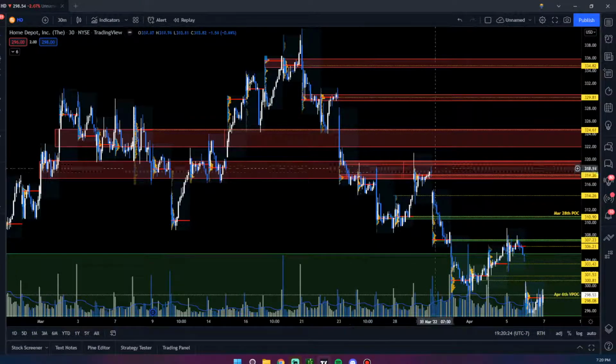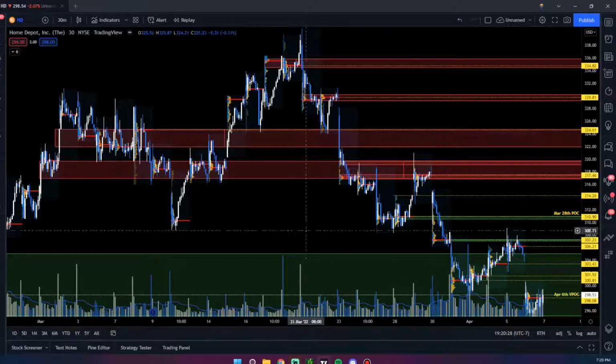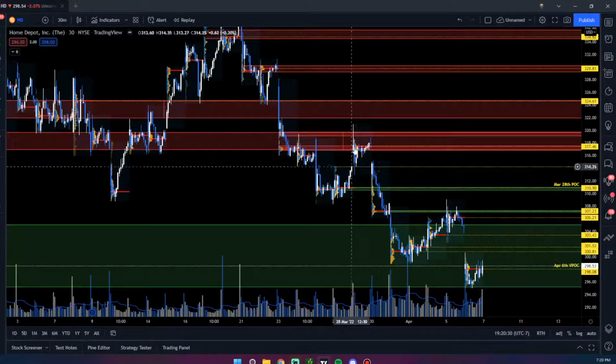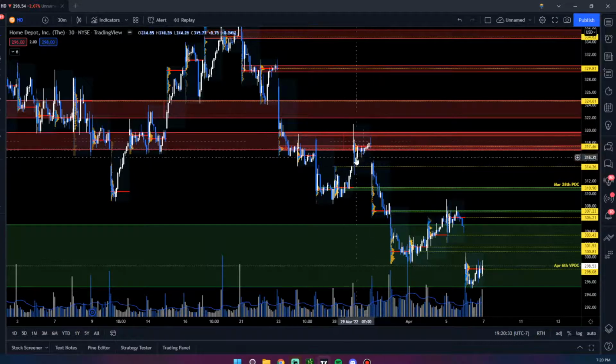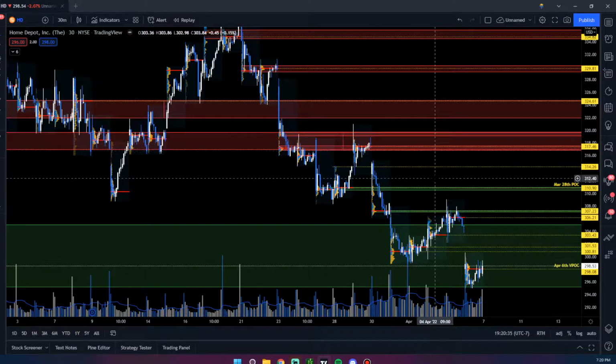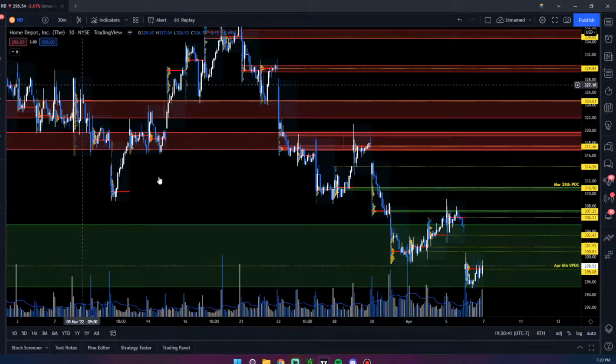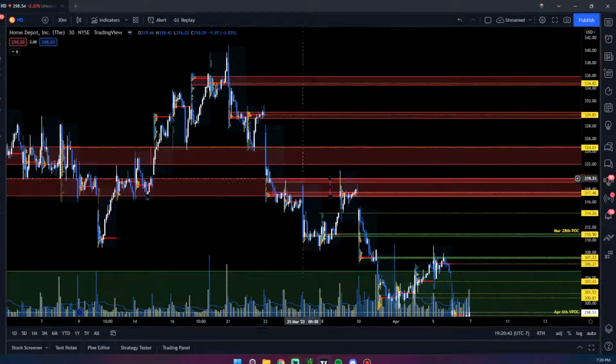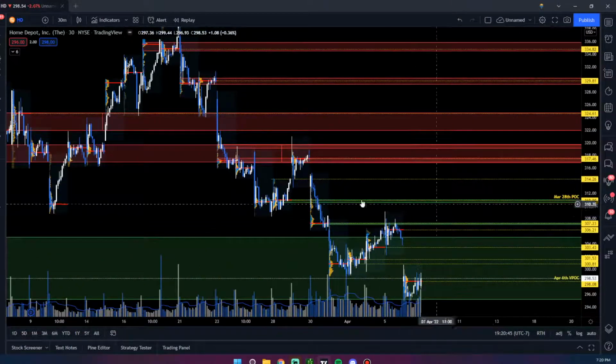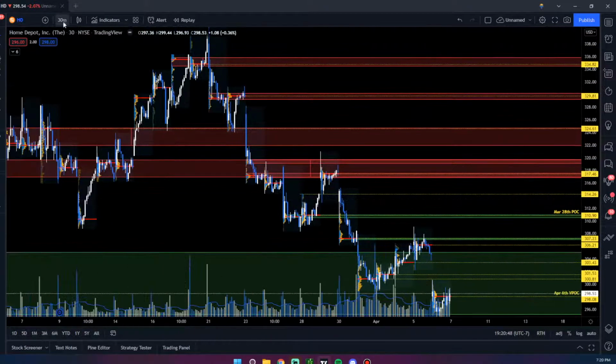So inside of these boxes, I just avoid taking trades. And I look for rejection or bounces from the boxes to get in and out of plays. Frankly, I'm kind of done with the HD chart. There isn't really very much more for me to show you guys on here.